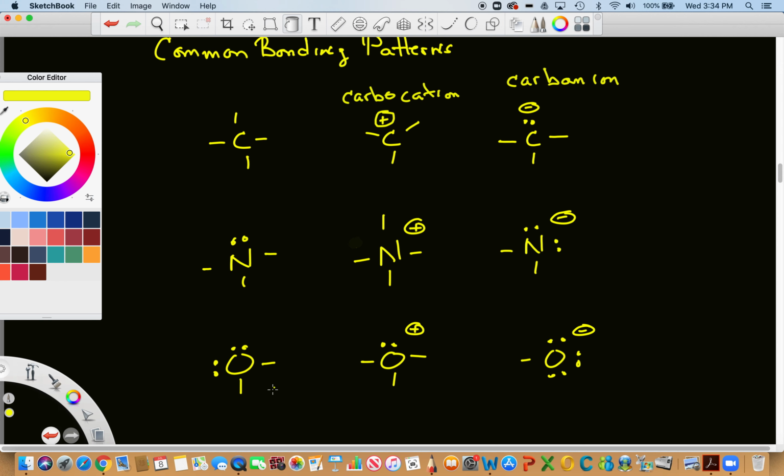So with our oxygen, oxygen normally has 6 valence electrons. It will normally have 2 bonds and 2 pairs of electrons in its neutral state. If it picks up a bond, it becomes positive. If it loses a bond, so now it has 3 lone pairs of electrons around it, it is now negative.